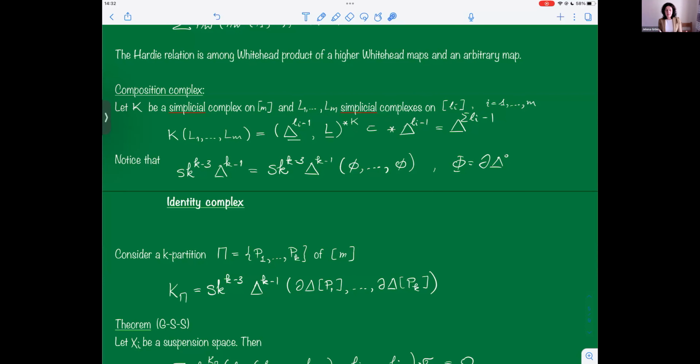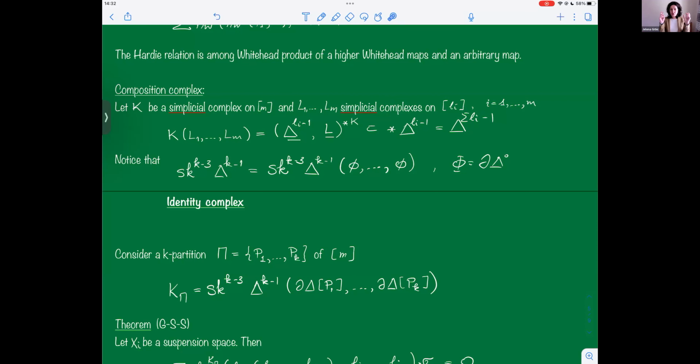The main reason for that is that we want to produce a simplicial complex. We know that if you take two simplicial complexes, K_1 and K_2, their Cartesian product is not a simplicial complex. But in the category of simplicial complexes, join is the right product: if you join K_1 and K_2, you obtain a simplicial complex.